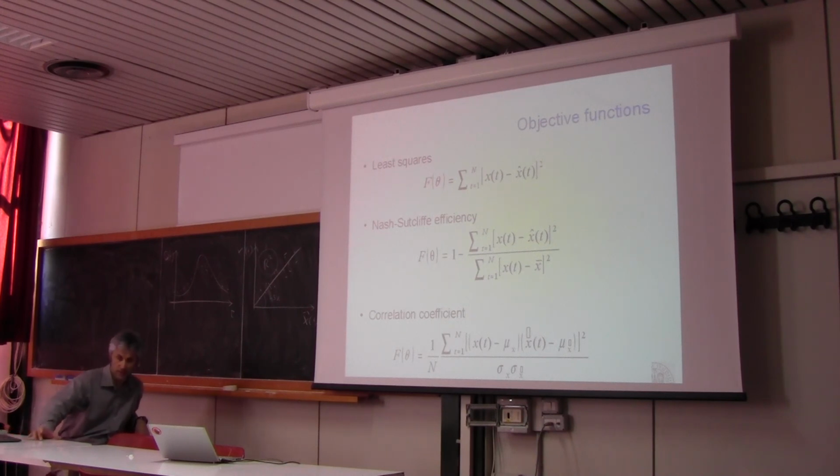If you work at monthly time scale, then you can get better performances. If you work at daily or hourly time scale, it's difficult to get good performances because it's a very detailed description. So in these cases, if you get to 0.85 it is good. The model can be used for technical purposes. If the efficiency is 0.6, you may still use the model for research, but for technical purposes, it's not really good.